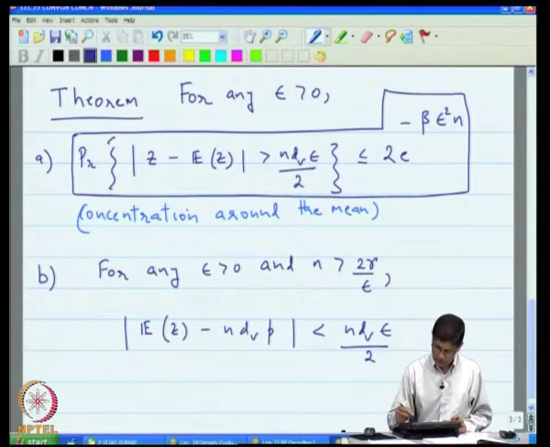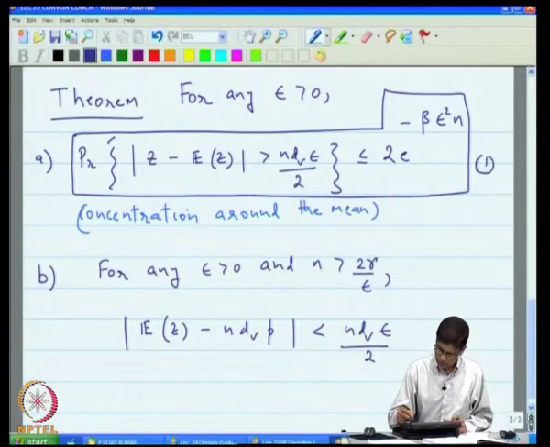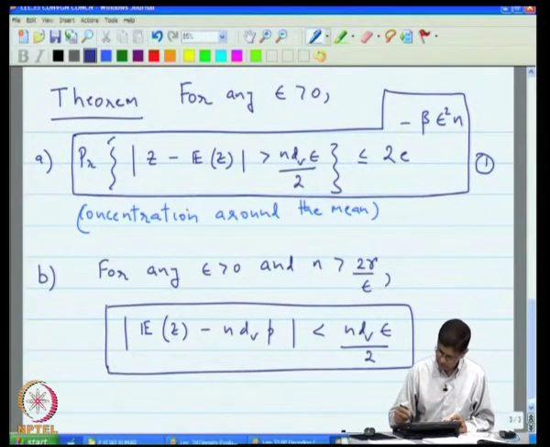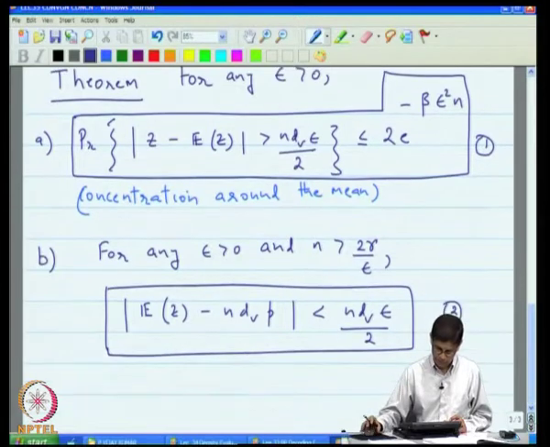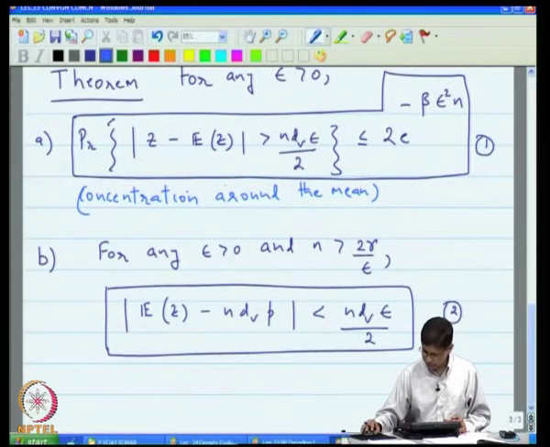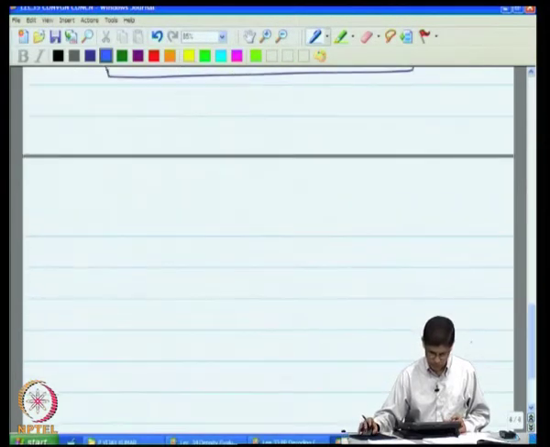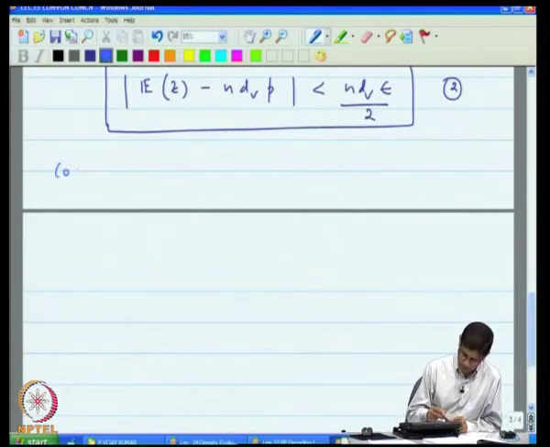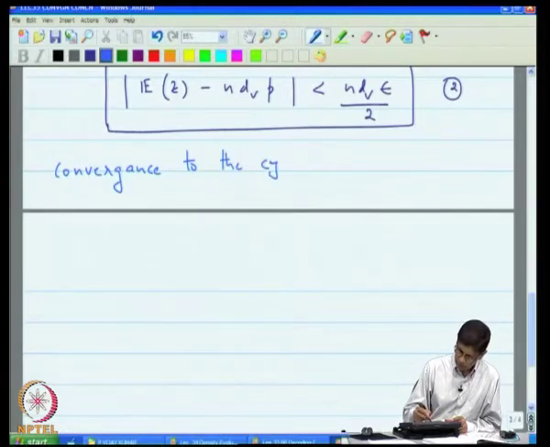And let us call this equation 1. Then this is equation 2, and this one we will term convergence to the cycle free case. Okay.